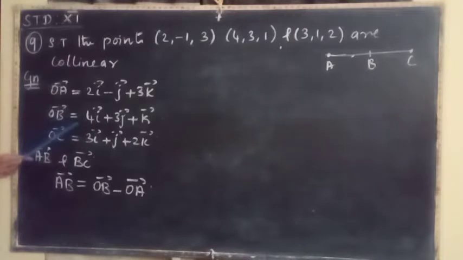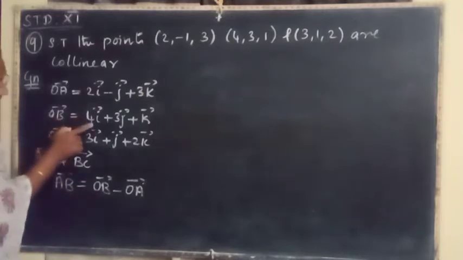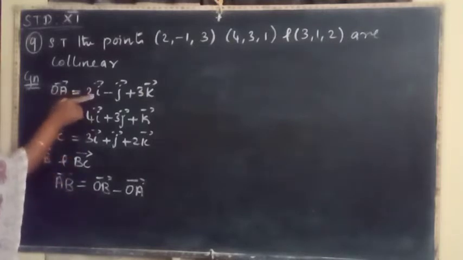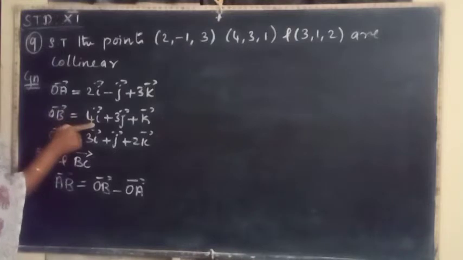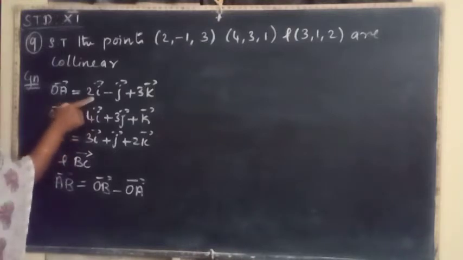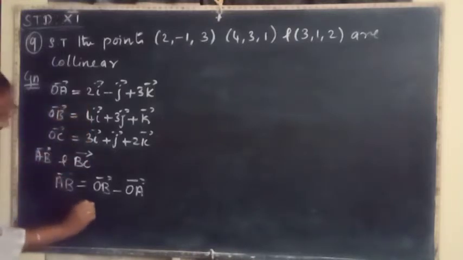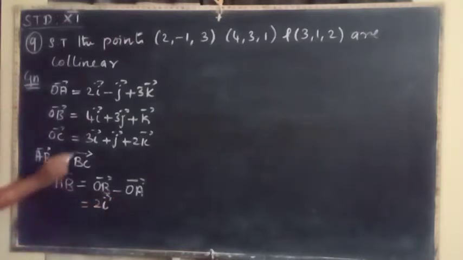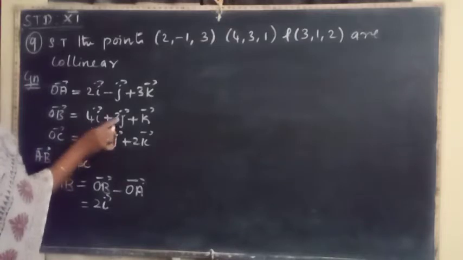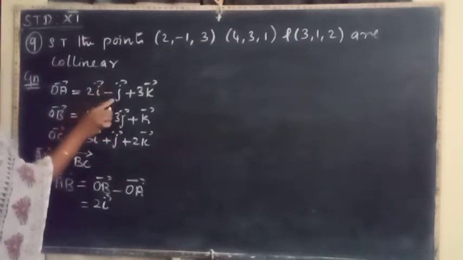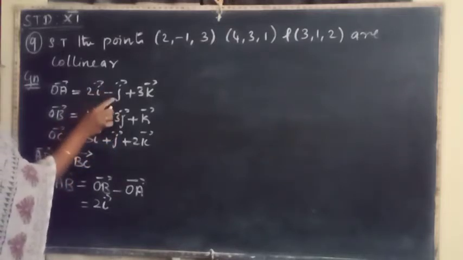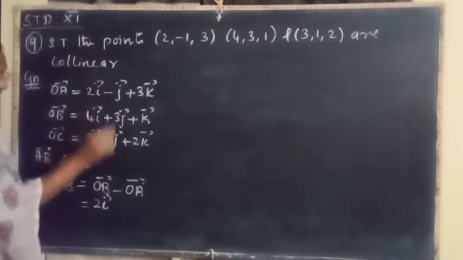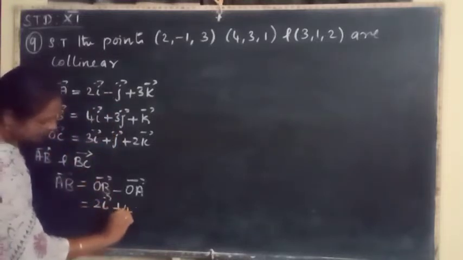Now let us do it straight: I am going to subtract OA from OB. 4i minus 2i gives 2i. Next, 3j minus minus j becomes plus j, so 3 plus 1 gives plus 4j.